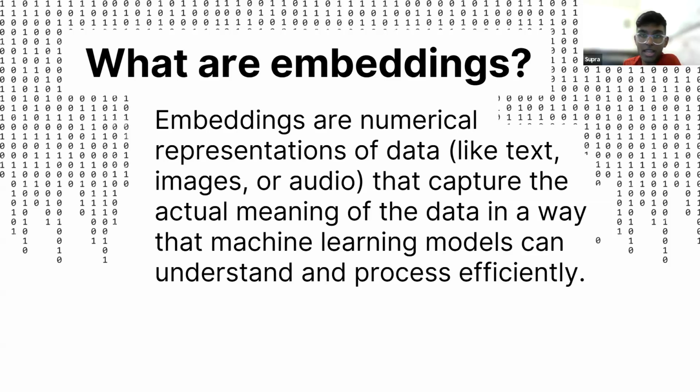Anyway, they capture the actual meaning of the data in a way that machine learning models can understand and process efficiently. Have you ever heard that deep down in a computer, everything's written in a language called binary? Everything's zeros and ones.